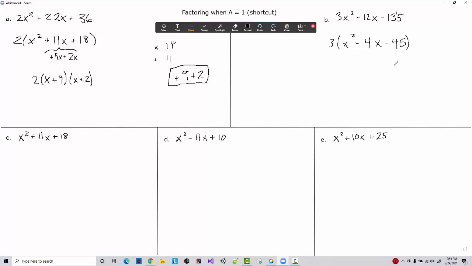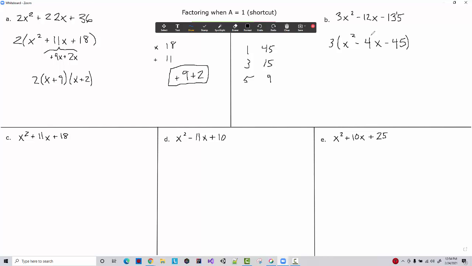And then what are my factors that multiply to give me 45? So I have 1 and 45. I've got 3 and 15. Actually, we've got plenty of room over here to the left, so let's list our factors over here. So 1, 45, 3, 15, 5 goes into 45 9 times.